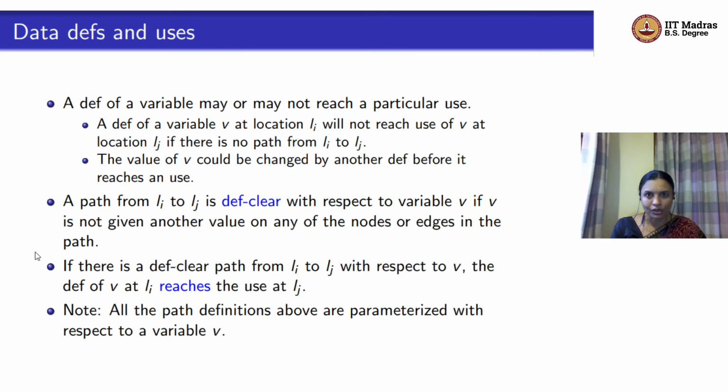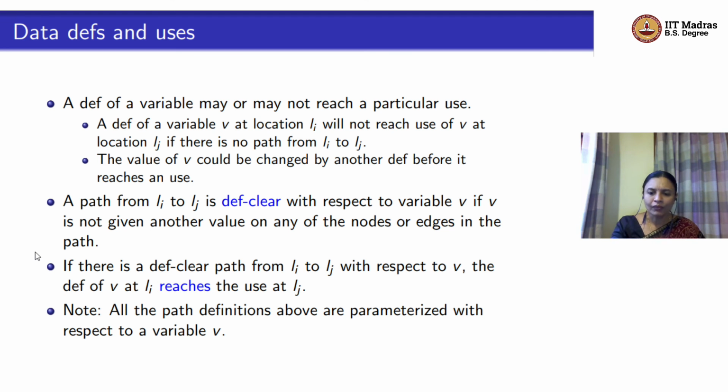In between li and lj, v does not get assigned a new value. Then we say the path from li to lj for the variable v is def clear with reference to v. If there is a def clear path from li to lj for a variable v, then the definition of v at node li reaches the use at lj.